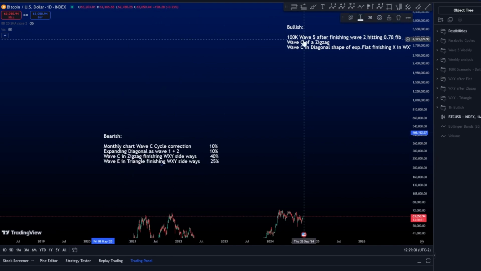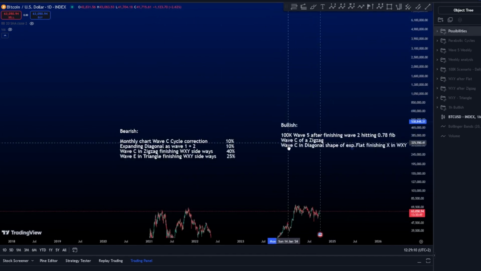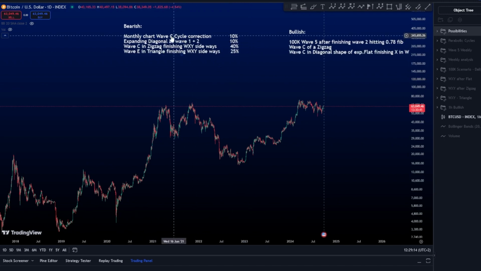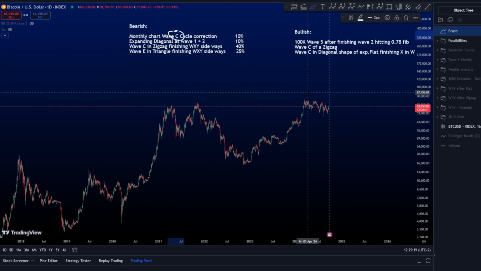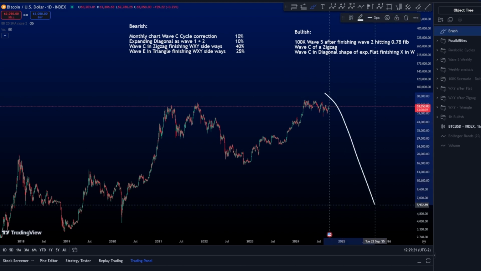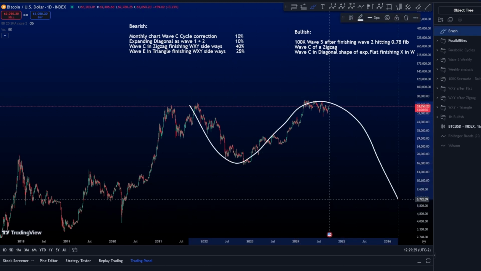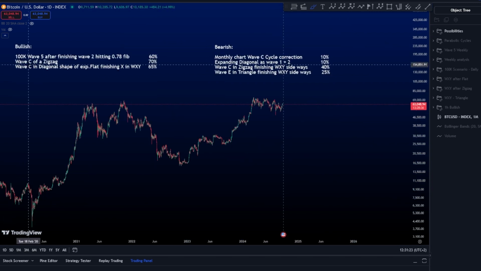If we are bearish, of course, we have the monthly chart that we already talked about, the wave C, that it is possible to go to 22,000 directly after having A, B, and a C, right? So again, we also have a wave C of a zigzag.